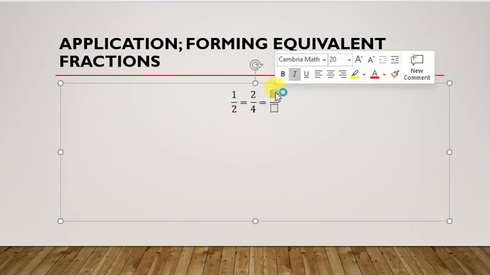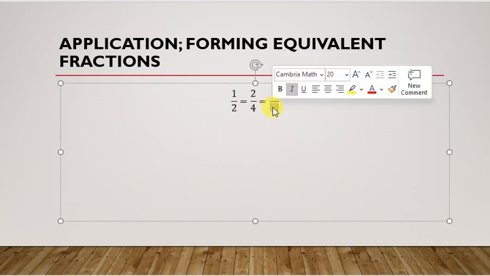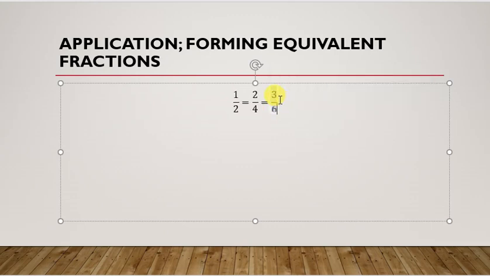We can continue the pattern by adding 1 to 2 to get 3, adding 2 to 4 to get 6. This pattern can actually be continued.